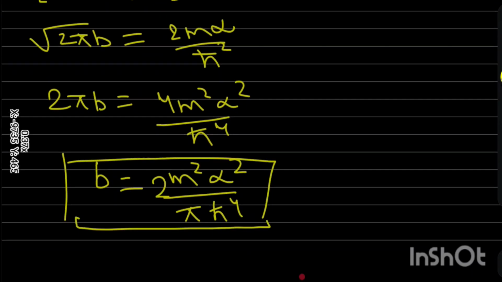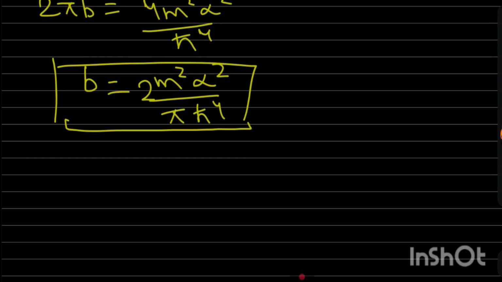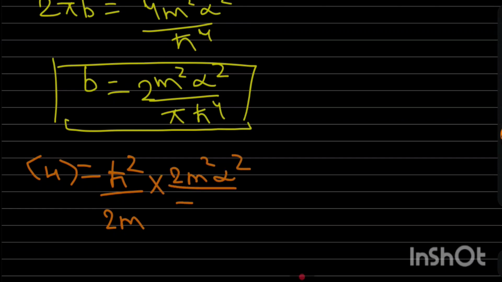Now I am putting this particular value of b in our Hamiltonian equation, which was ħ² times the value of b, divided by 2m, so 2m²α² divided by πħ⁴, and negative α√(2b/π).